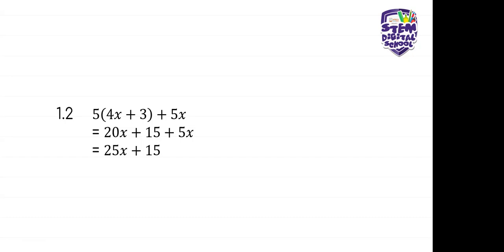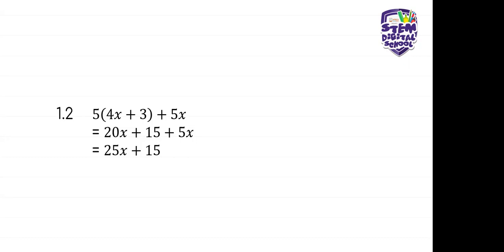You have it already. And thereafter, you can just group the like terms. Remember to always group the like terms. And the like terms in this case are 20x and 5x. And that's how you group them. If you add 20 and 5, you get 25. So therefore, the answer will be 25x plus 15.